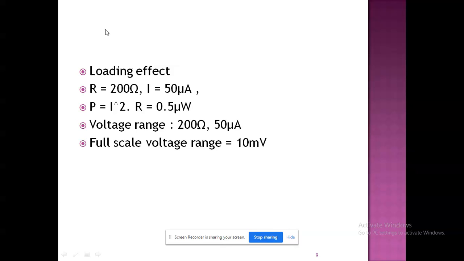A typical meter, let us say that it is having a resistance of 200 ohm and it is carrying a current of 50 microamps. Therefore, the power that is consumed, I can calculate by using the formula I squared R, which gives me 0.5 microwatt. This is an extremely low power for power circuits.